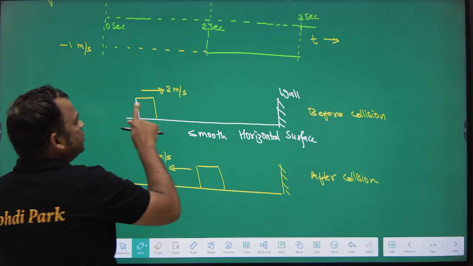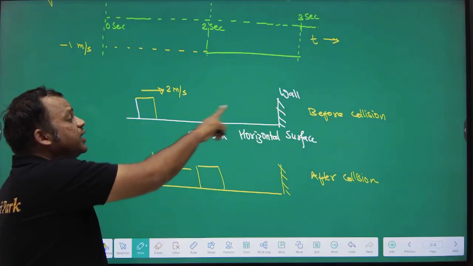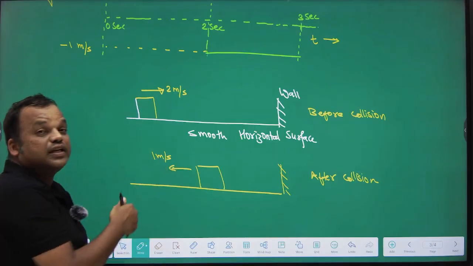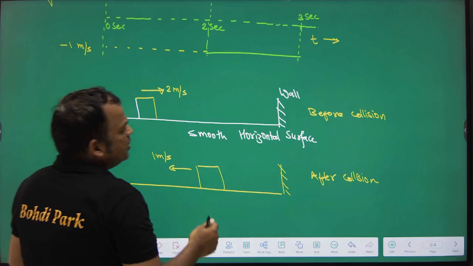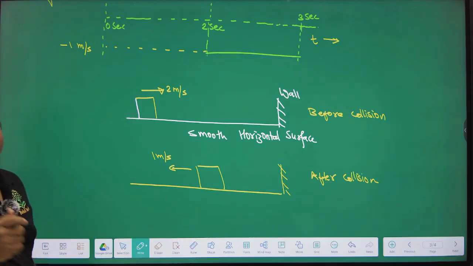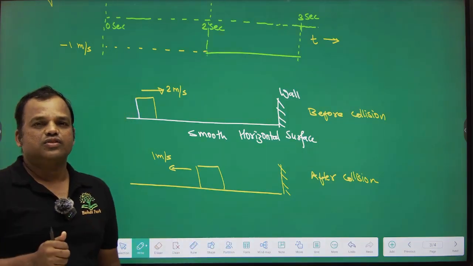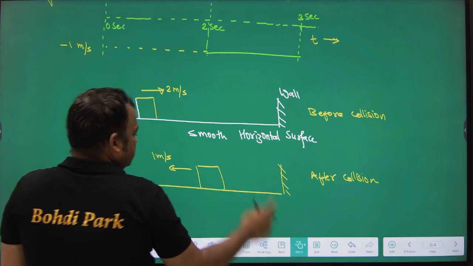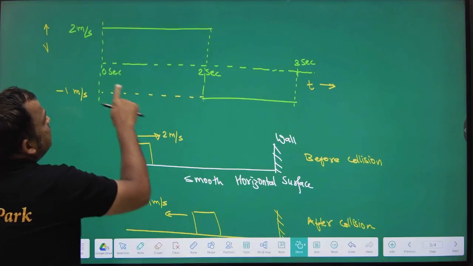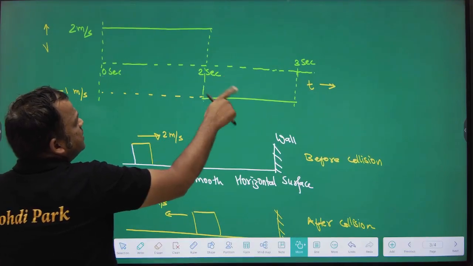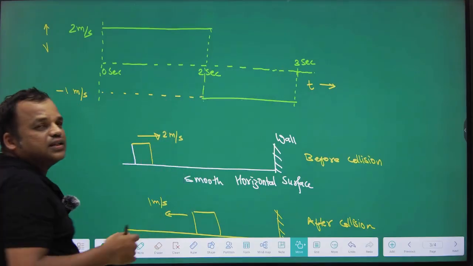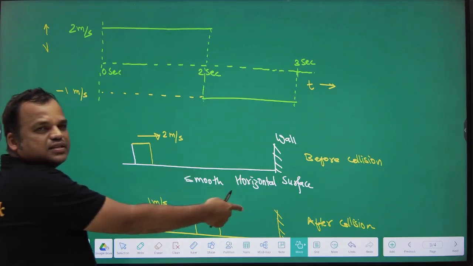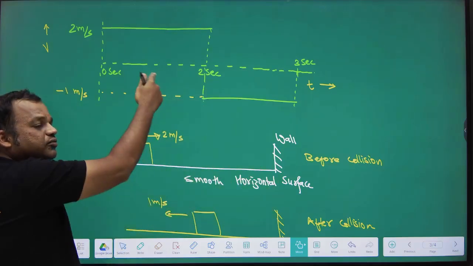Similarly, this is the wall. Before collision the block is going right side, after collision the block is going left side. So velocity becomes negative, and the time of collision is generally very less, so we are ignoring it. So ignoring the time of collision, we can say 0 to 2 second the velocity is right side, 2 to 3 second velocity is left side, and collision time is negligible. So this is the example which is fitting for this graph.